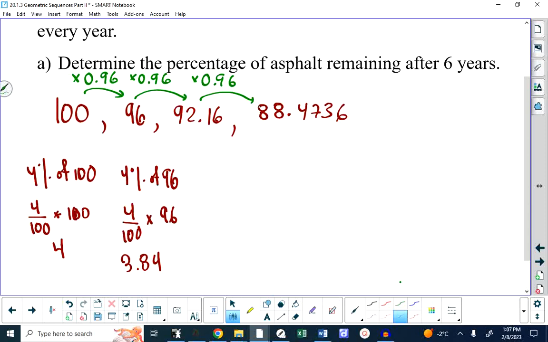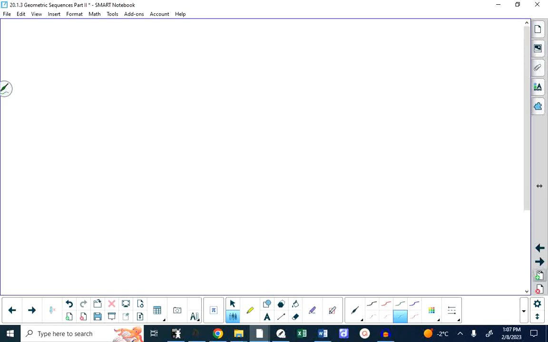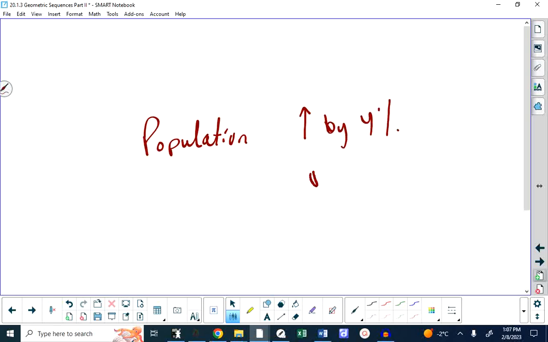So the thinking here is 1 is like 100%. We're subtracting 4%, which is 0.04. Just briefly here, and it isn't important for this question, but if I had a population of people or bugs or whatever that was increasing by 4% regularly, the common ratio would be 100% plus that 4%.